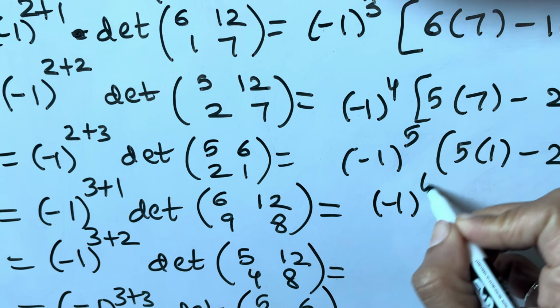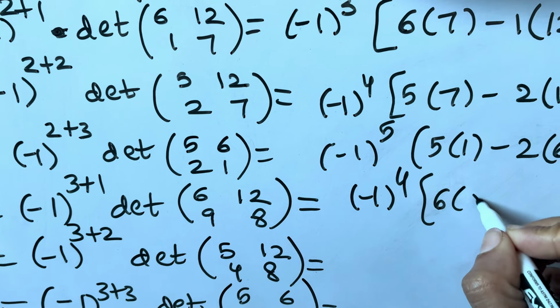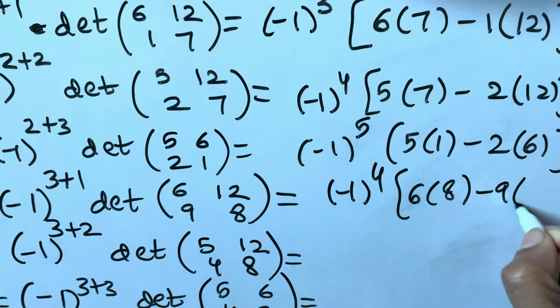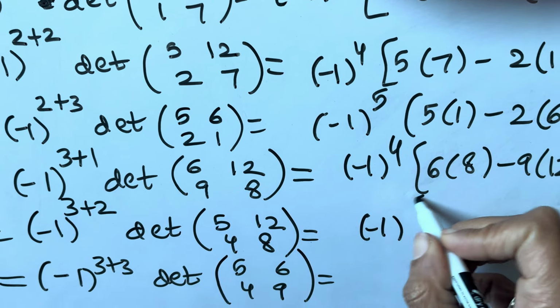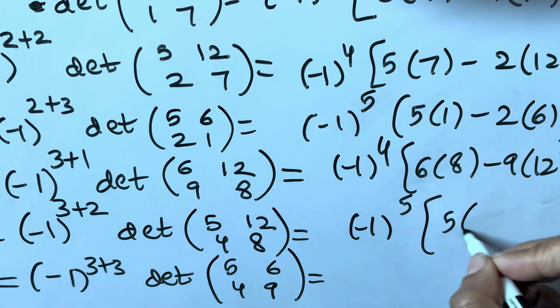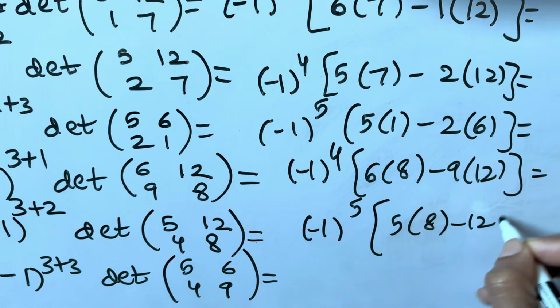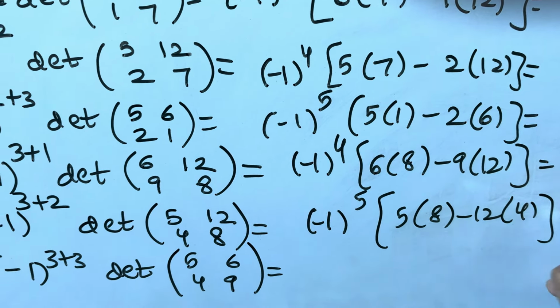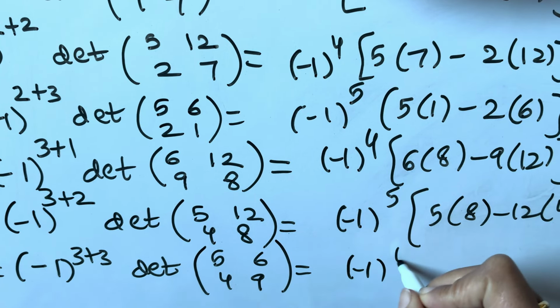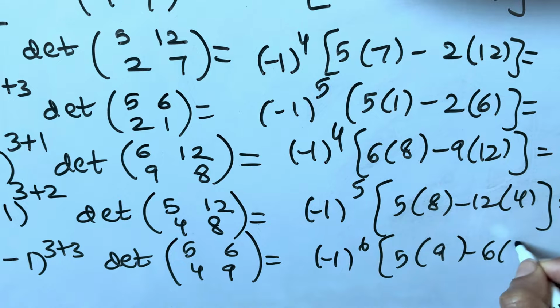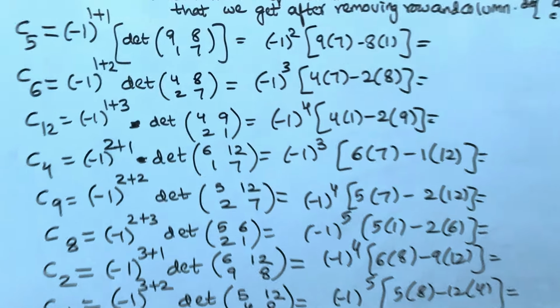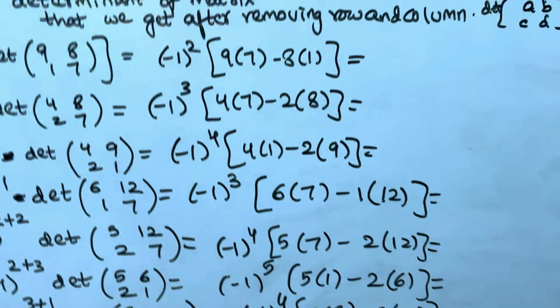Minus 1 to the power 4, 6 times 8 minus 9 times 12, minus 1 to the power 5, 5 times 8 minus 12 times 4, minus 1 to the power 6, 5 times 9 minus 6 times 4. So this is my step-by-step solution for finding the cofactors of the matrices.